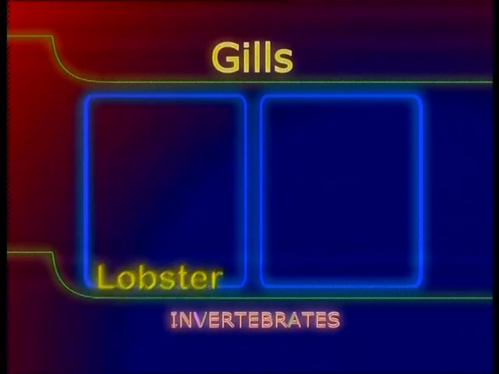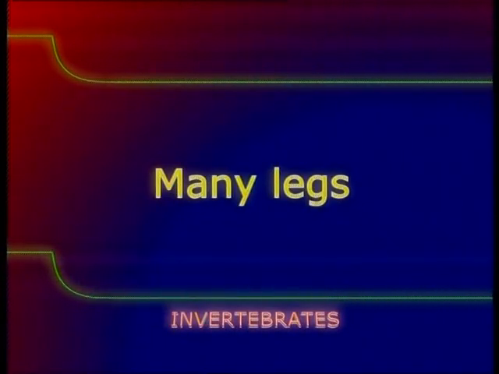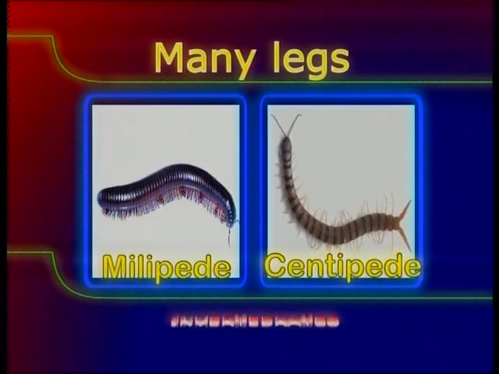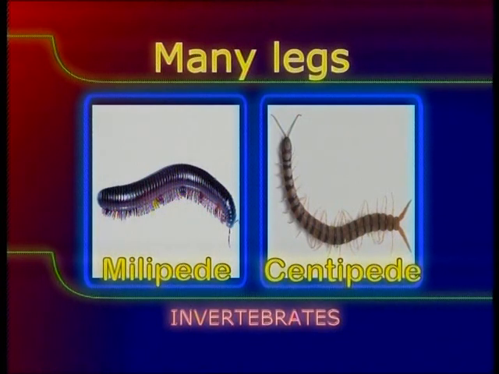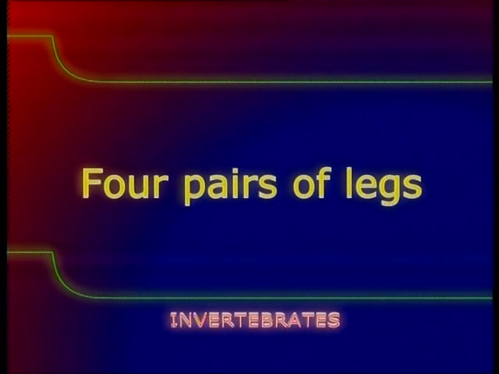Then, we have the group that has gills. Examples of this group are the lobster and crab. Next is the one with many legs, like the millipede and the centipede. Then, we have the group that has 4 pairs of legs.